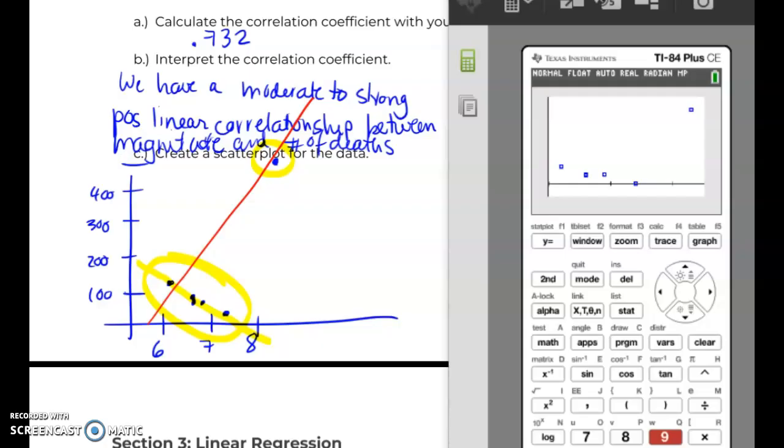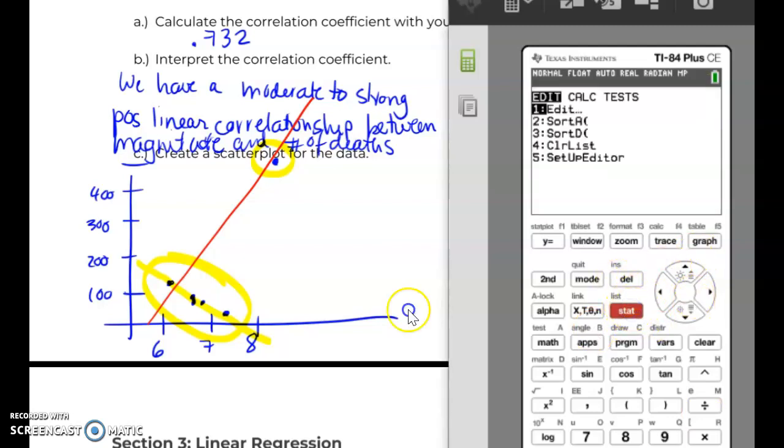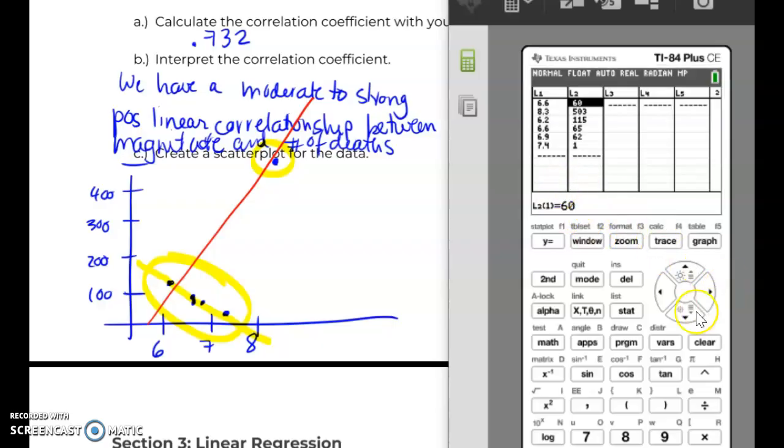So let's look at our calculator to see what happens if we take out the one value that's an outlier, so we can just see the drastic effect that an outlier can have on the direction, on the strength of our linear correlation. So we'll go back to stat and edit, and I'm simply going to take out the value which was our outlier with 8.3 and 503 people dying.